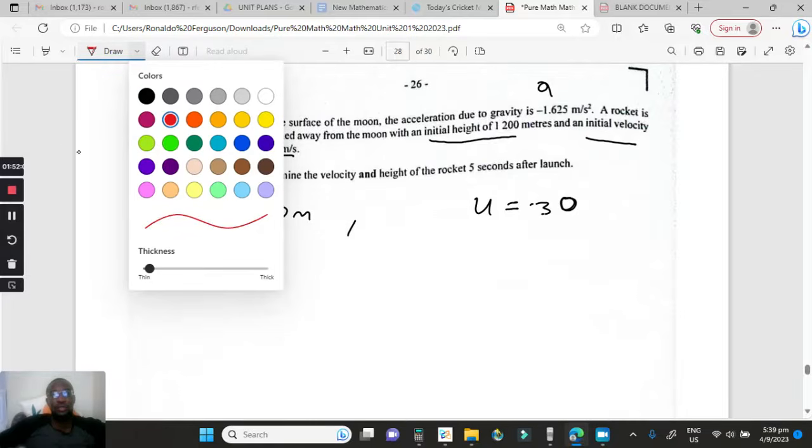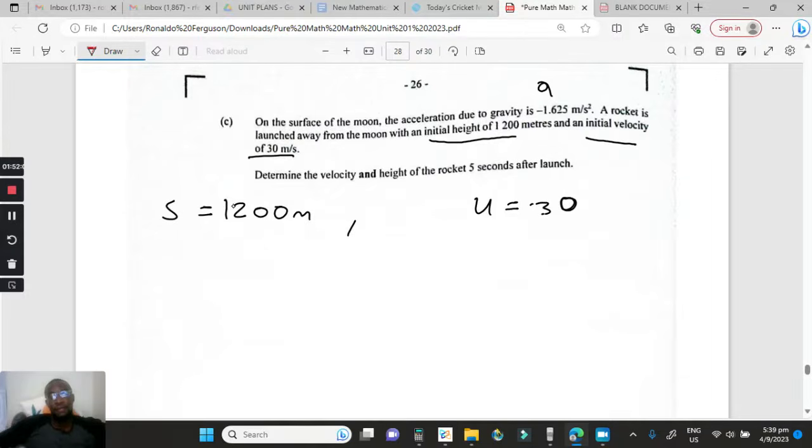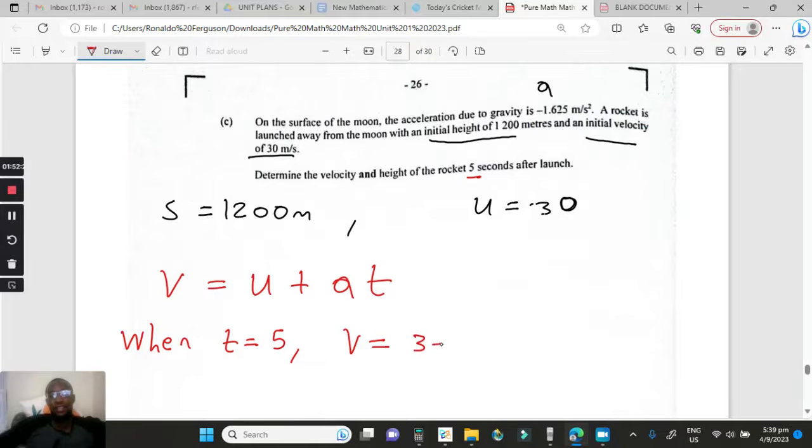This is very easy, but again, this is add math. The only thing you would have to remember is that velocity is u plus at. And we need the velocity after 5 seconds. So when t equals 5, the velocity is the initial velocity 30 plus the acceleration times t.